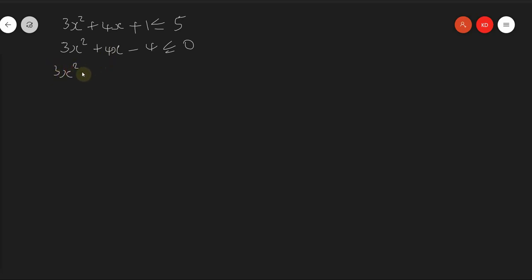So 3x squared plus 6x minus 2x minus 4. We'll factor out the 3x, and that goes into x plus 2, minus 2 into x plus 2. Therefore we have that.